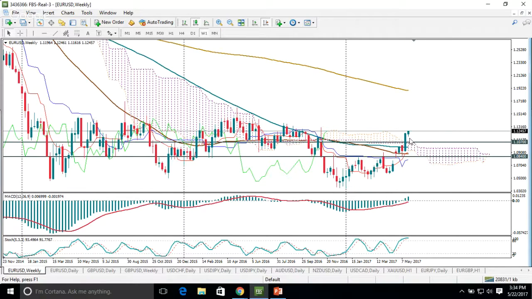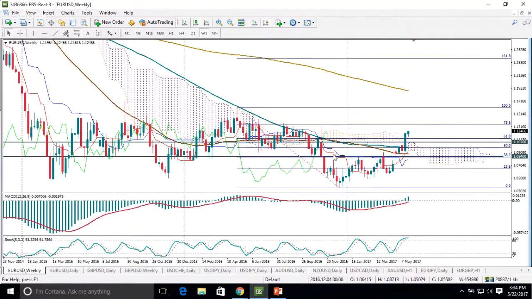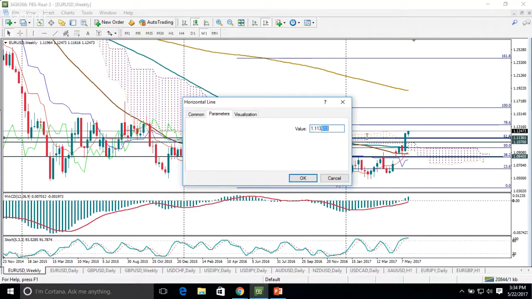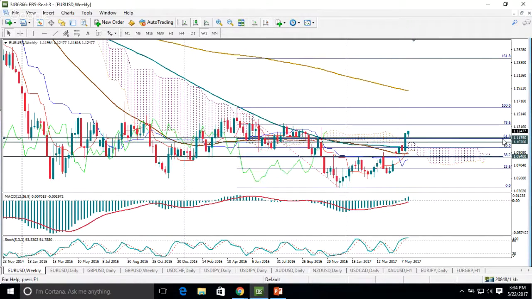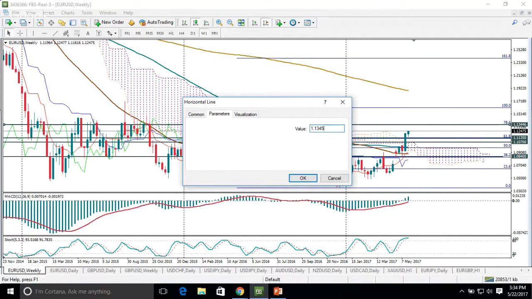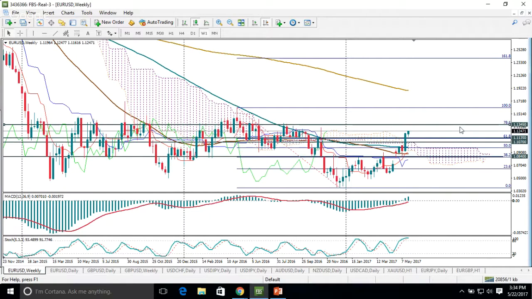In addition, we can have Fibonacci here, Fibonacci of the pair's decline in the year of 2016, and we can see that the pair has gone past the 61.8% Fibonacci retracement, and now the next target lies at 78.6% Fibonacci, which is located around 1.1345.